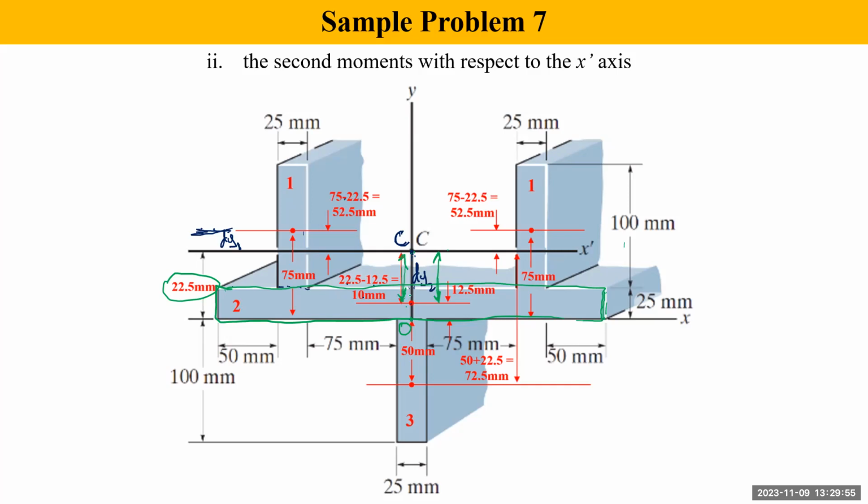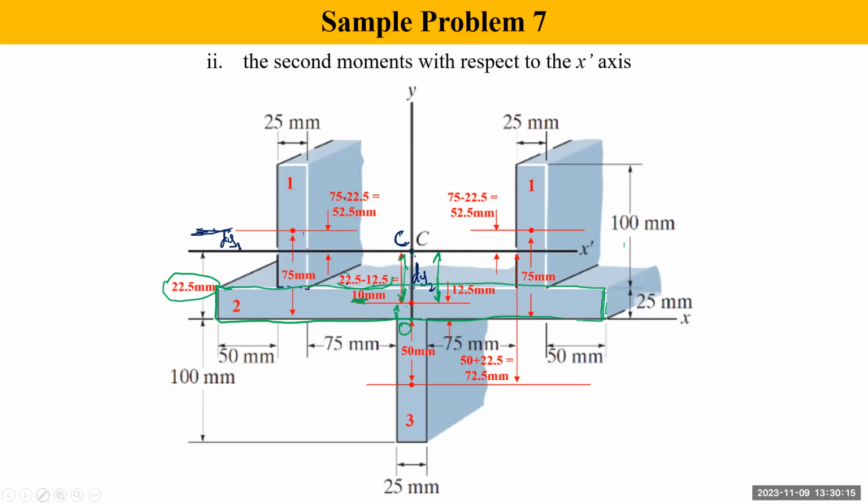So all I'm asking you to look at is this distance down here that you need to subtract from the total 22.5 to get this value here, which is 10. Is that clear now, sir? Yes, sir. All right, let's move on.